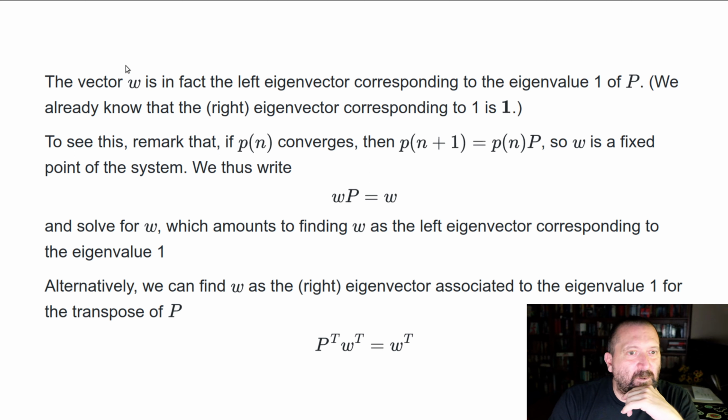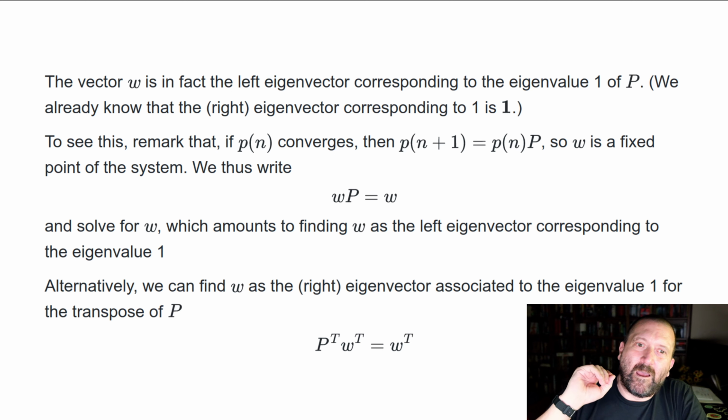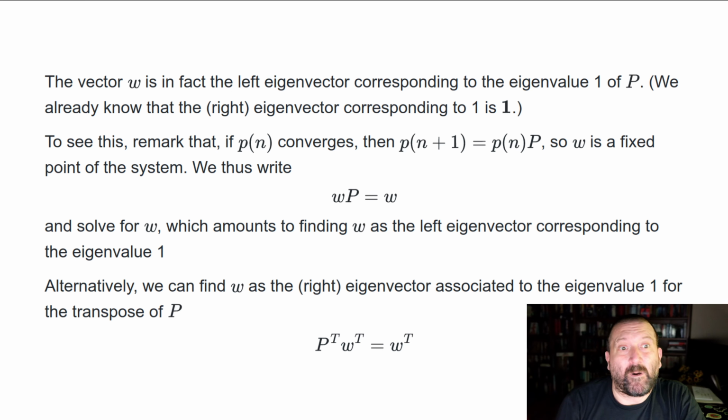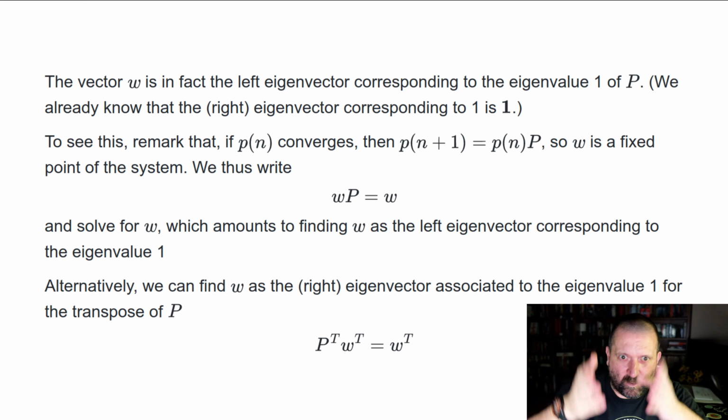Now, the vector W that I'm looking for is the left eigenvector corresponding to the eigenvalue 1 of the transition matrix. Now remember, I was discussing earlier the fact that we know that the right eigenvector corresponding to the eigenvalue 1 is the vector of 1s, because P times the column vector of 1s is equal to the column vector of 1s, since the row sums are all equal to 1.